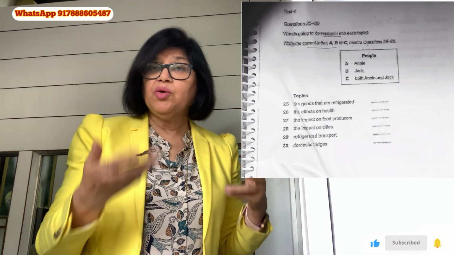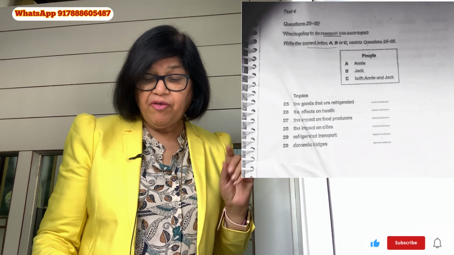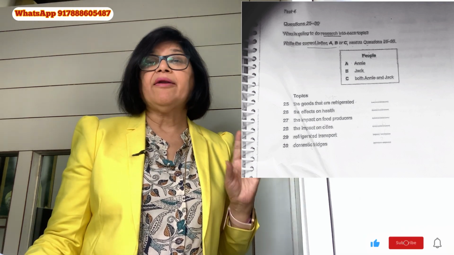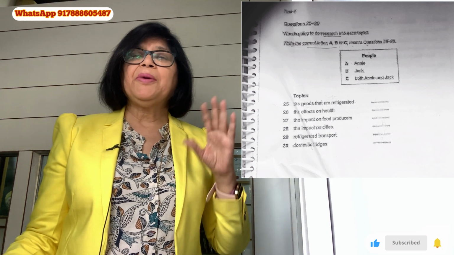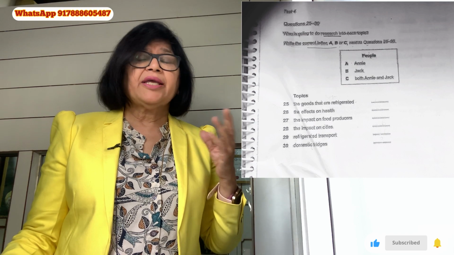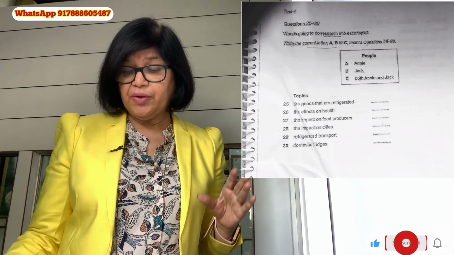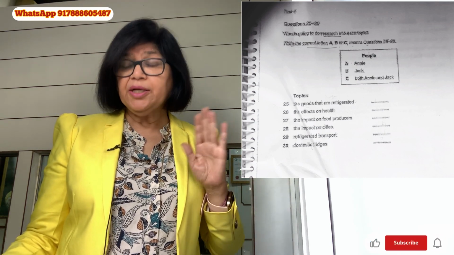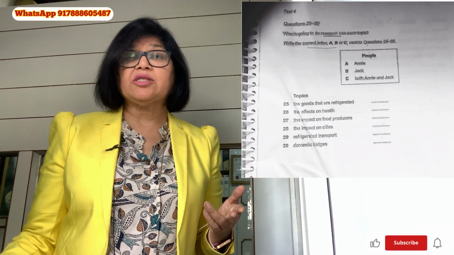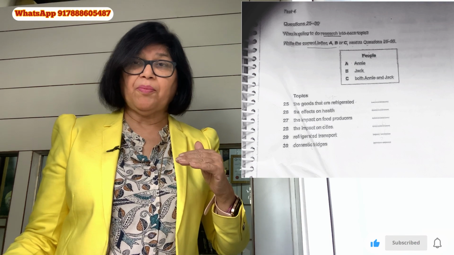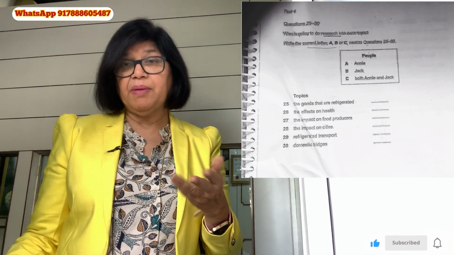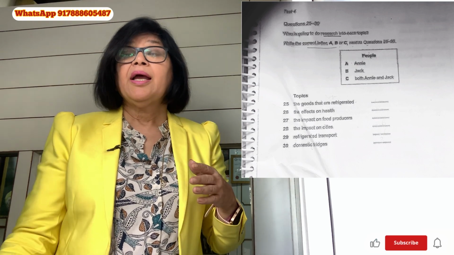The first, question 25, is the goods that are refrigerated. They will be talking about some flowers or ice cream or things that are refrigerated, to be transported. Then on question 26, they will come to the other topic and talk about the effects on health. Maybe they are not good or whatever.